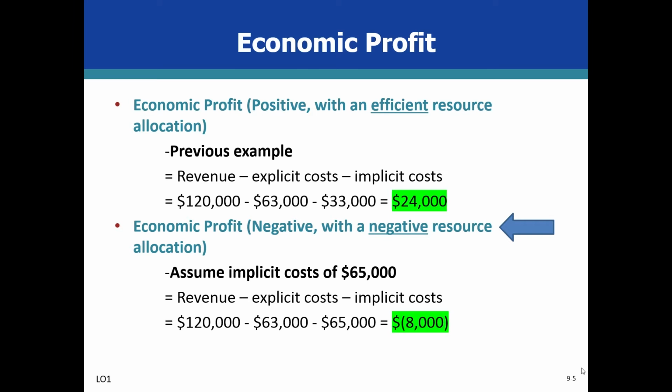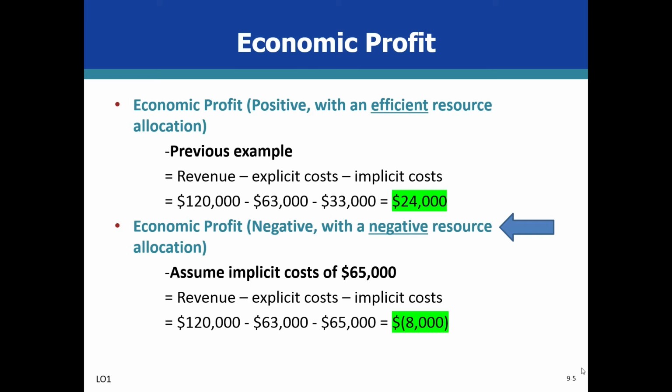So, this is an important concept here, that economic profit can be positive, doing the best that I could with what I have, no other better, or it can be negative, which is a signal that there are other opportunities that we could put these resources to that would make more money.